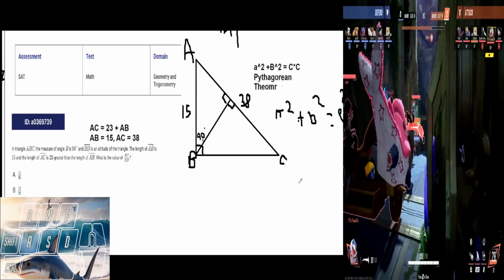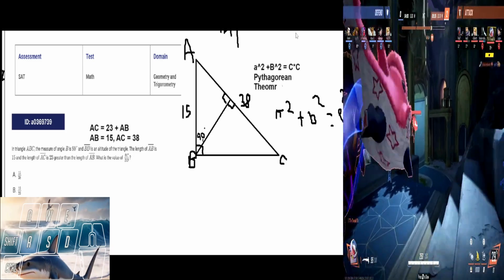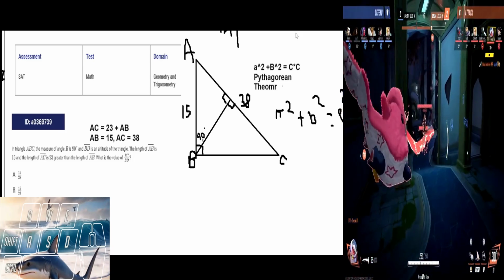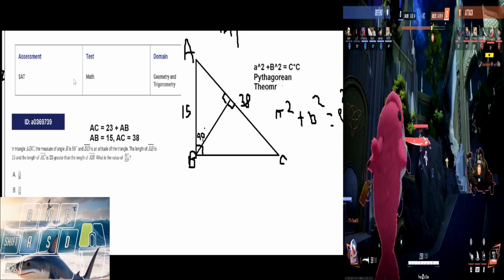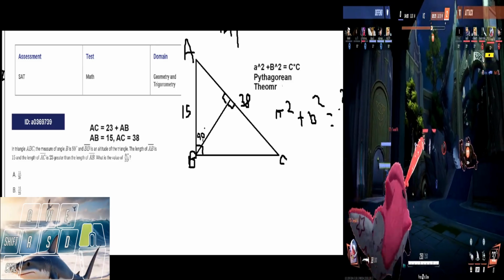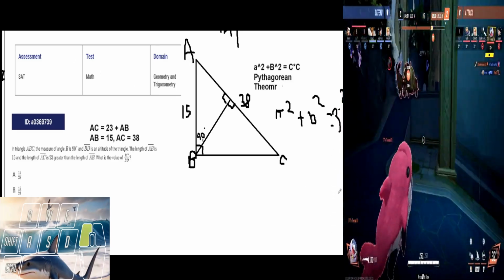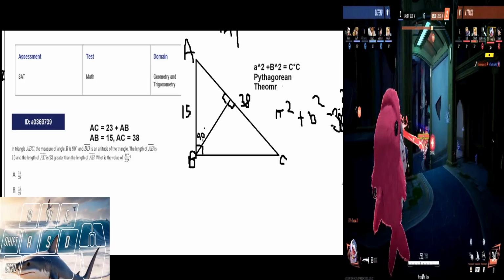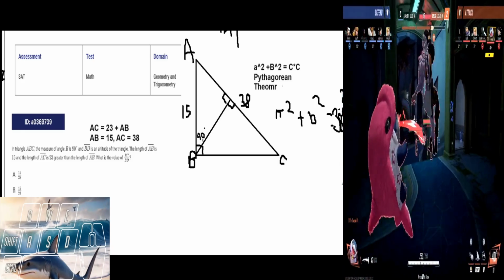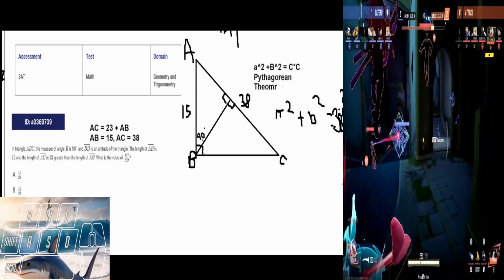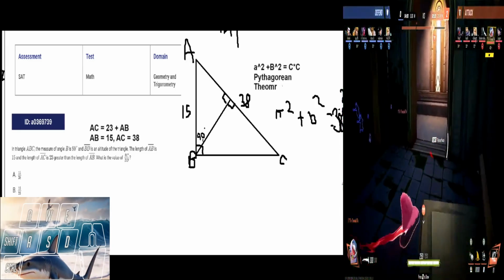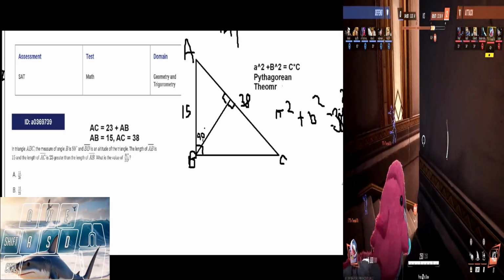And when you do the math, you find out that, oh, hold on, this shouldn't be C, this should be 38 squared. So 38 squared is 1,444 minus 15 squared, which equals 1,219.